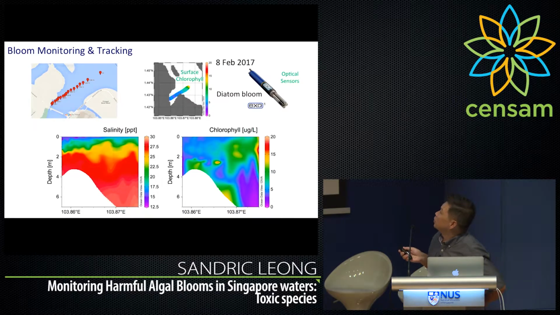And at the edge of the channel, we saw accumulation of diatom blooms with high concentration at a subsurface depth of about 1 meter, with about 20 micrograms per liter of chlorophyll, which is an indicative index of the biomass of the diatom bloom.